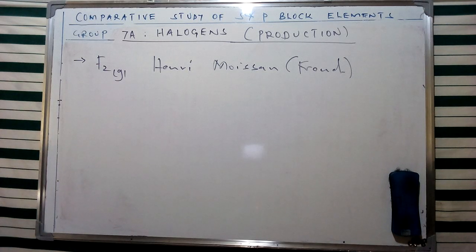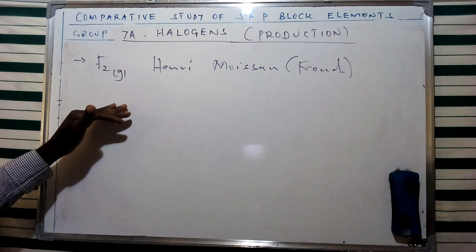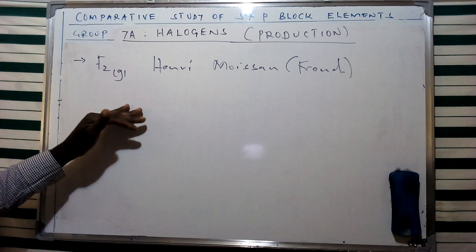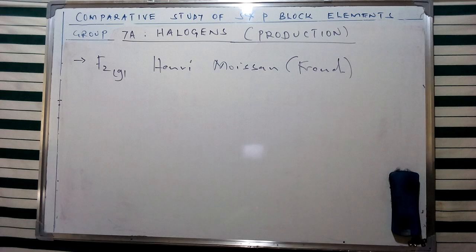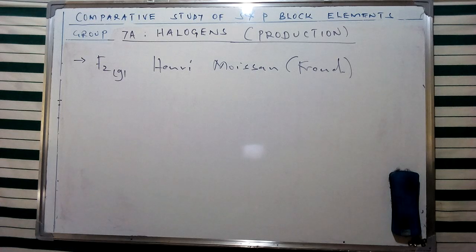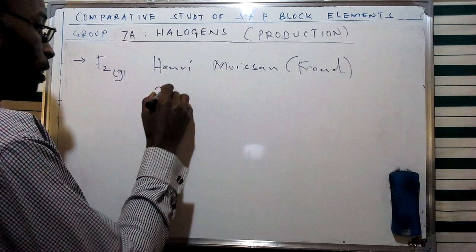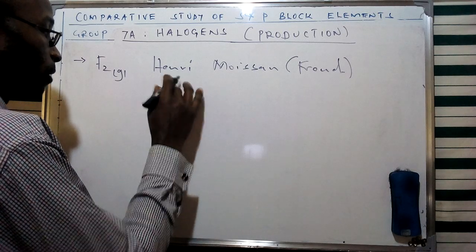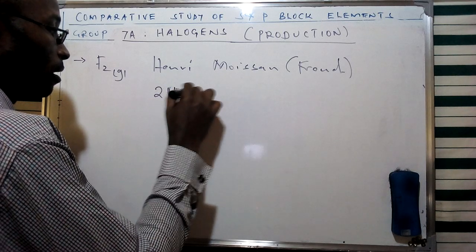And of course, this was done using electrolysis as a method of production. And perhaps we can give this in terms of an example or a question so that we are able to appreciate that. So we can use an example of hydrogen fluoride, and I'm going to have this one given as such.